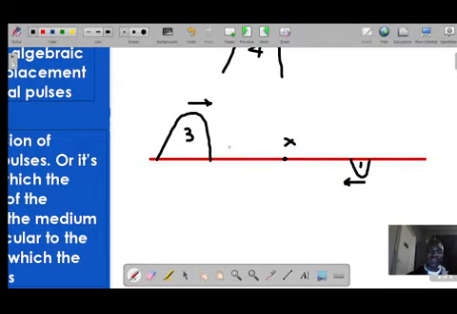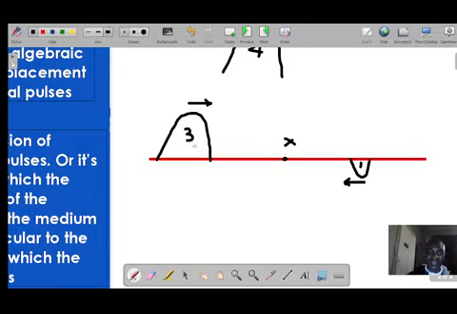Note that this first pulse is moving to the right, and this one is moving to the left. When the two pulses meet here, guess what? Using the principle of superposition, they are going to have an amplitude which is lower than this one here.